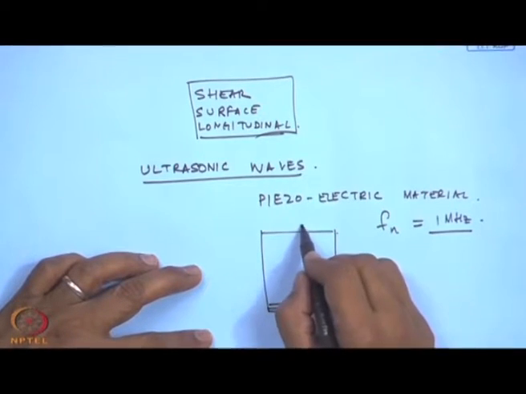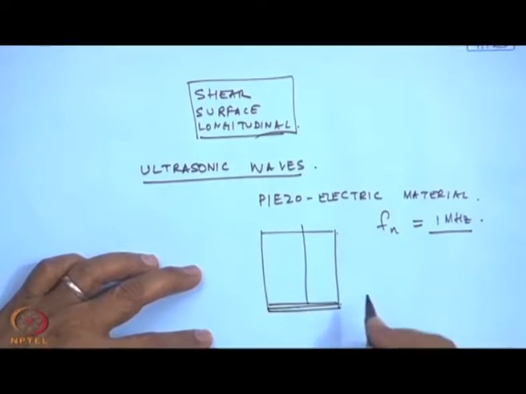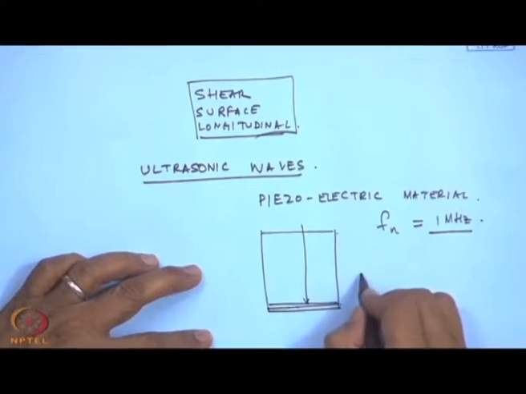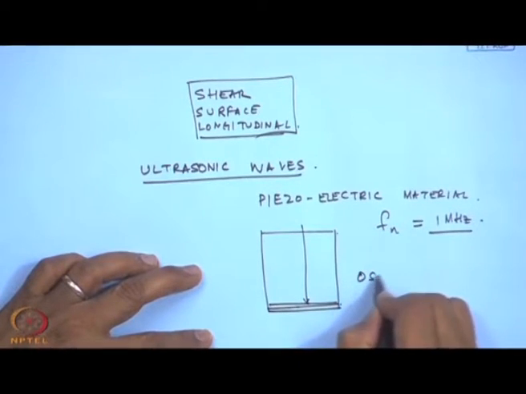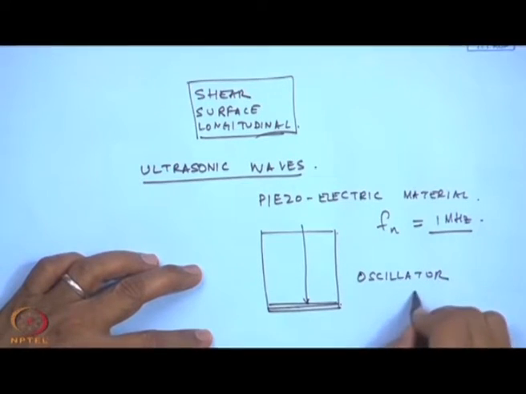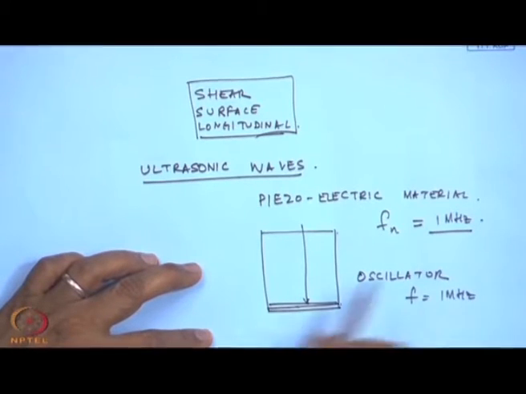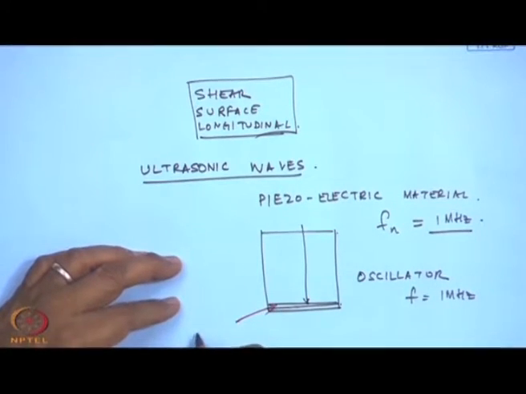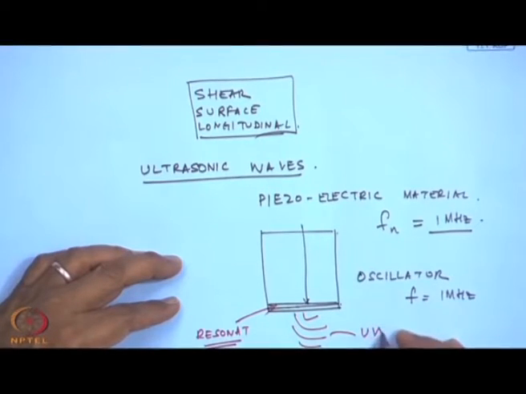If I excite this piezoelectric crystal with an oscillator, where I can generate a forcing frequency equal to 1 megahertz, this is going to resonate, and then I will be able to generate ultrasonic waves.